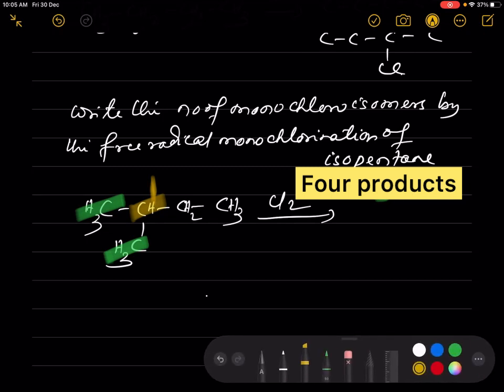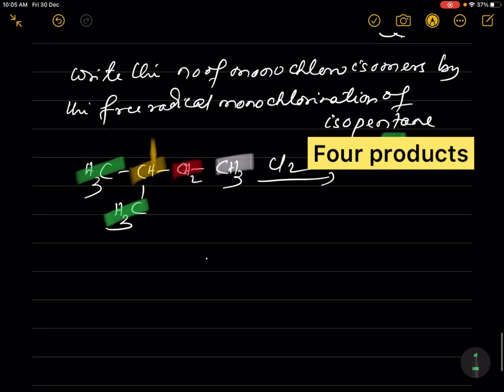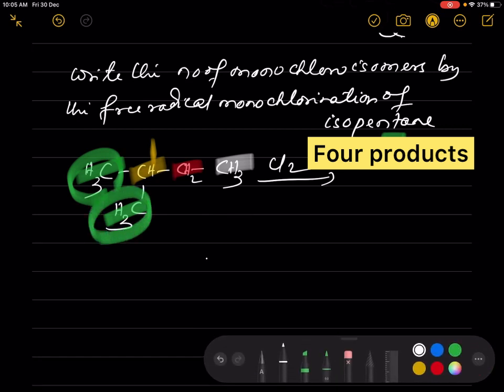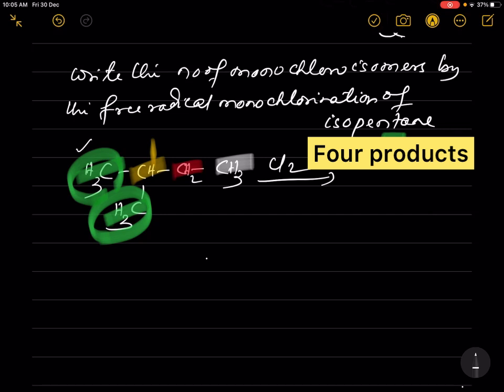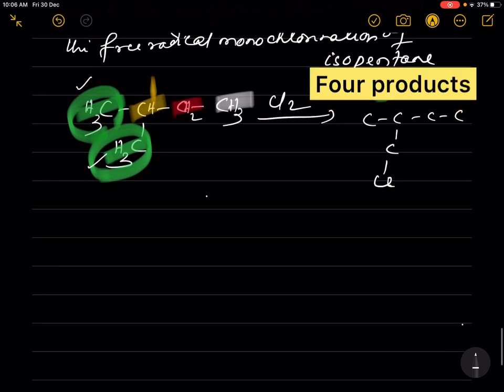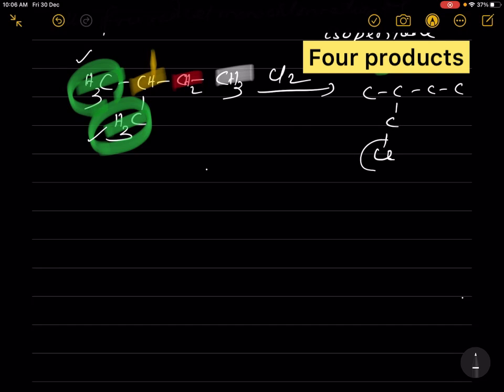Next, here you see I have given 4 colors, so you will get 4 products, but that is not the reason. These two methyl groups are identical, so here one H atom can be substituted, or here one hydrogen atom can be substituted, so you will get one monohalogen product. If you write this Cl over here you will get the same product, the name will be the same, so you cannot get a different product.